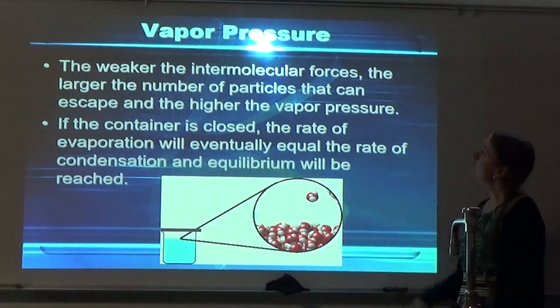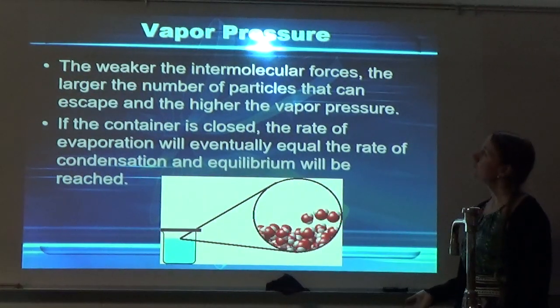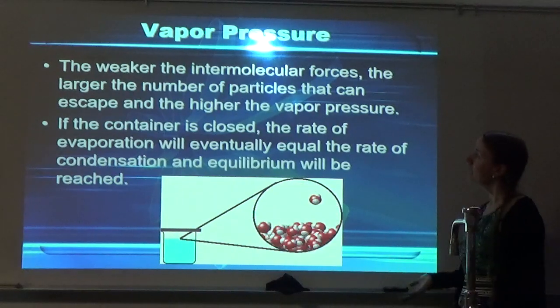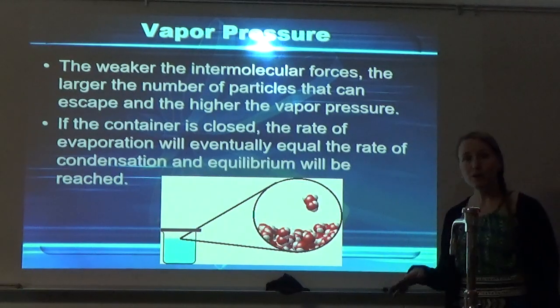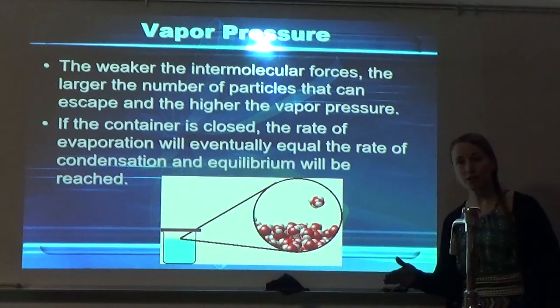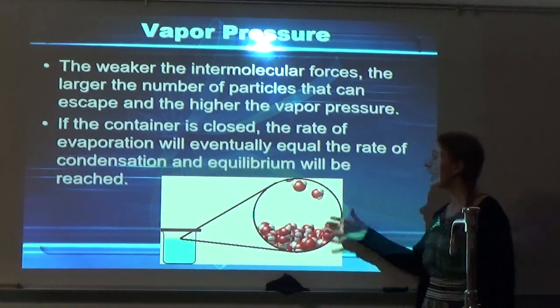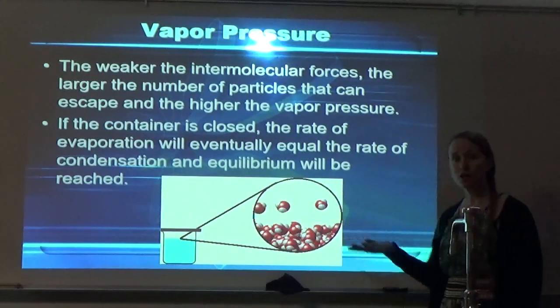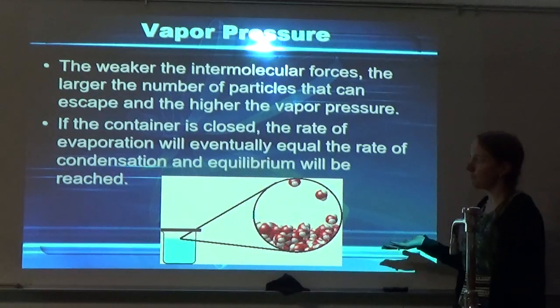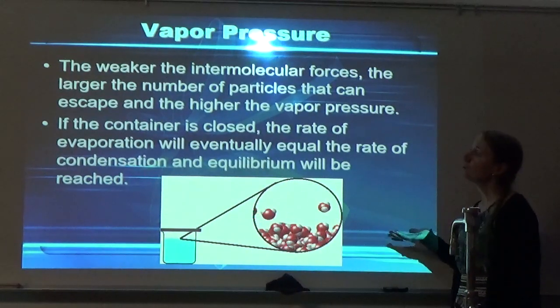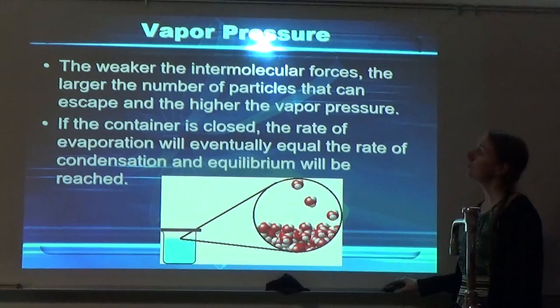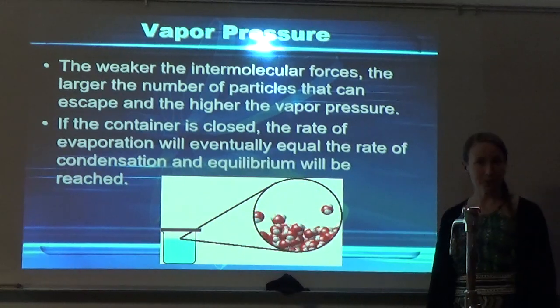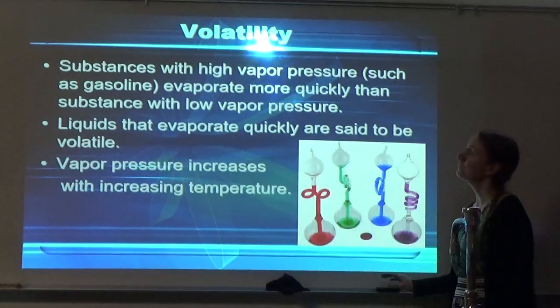The weaker the intermolecular forces, the larger the number of particles that can escape and the higher the vapor pressure. Substances with low intermolecular forces tend to have higher vapor pressures because their particles can more easily evaporate. If the container is closed, the rate of evaporation will eventually equal the rate of condensation and equilibrium will be reached.